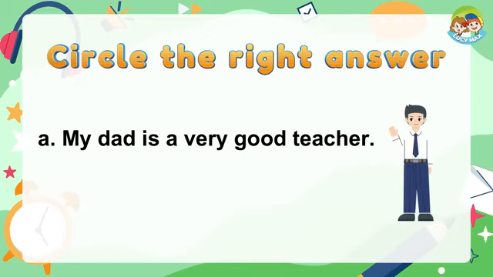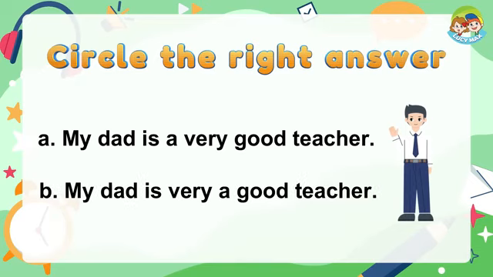A. My dad is a very good teacher. B. My dad is very a good teacher. The answer is A. The adverb comes after the article a.